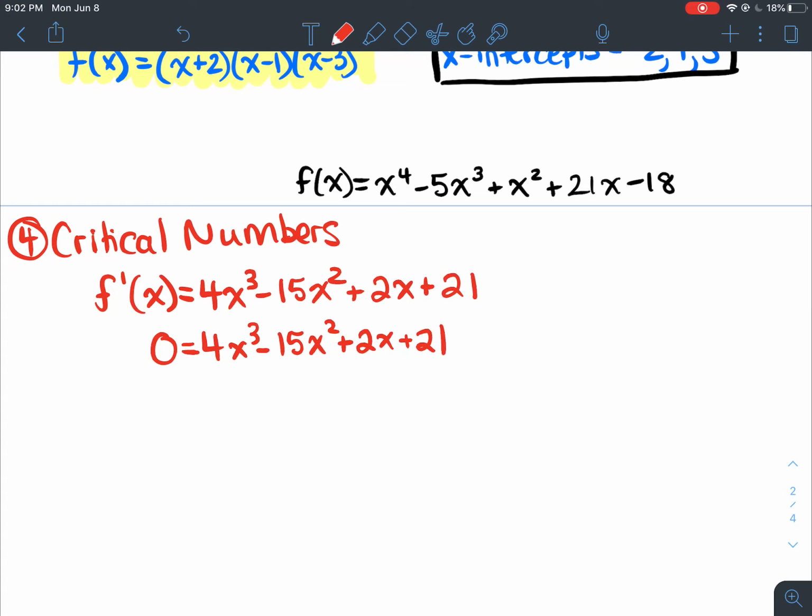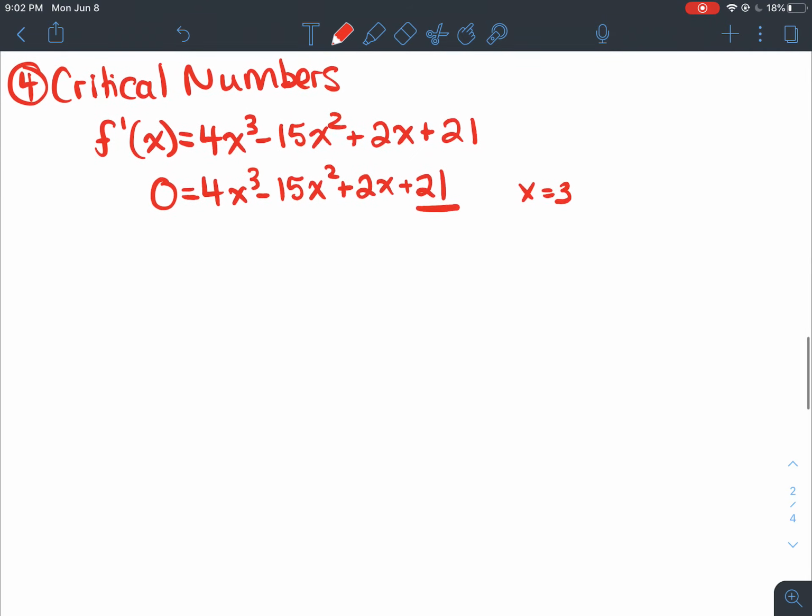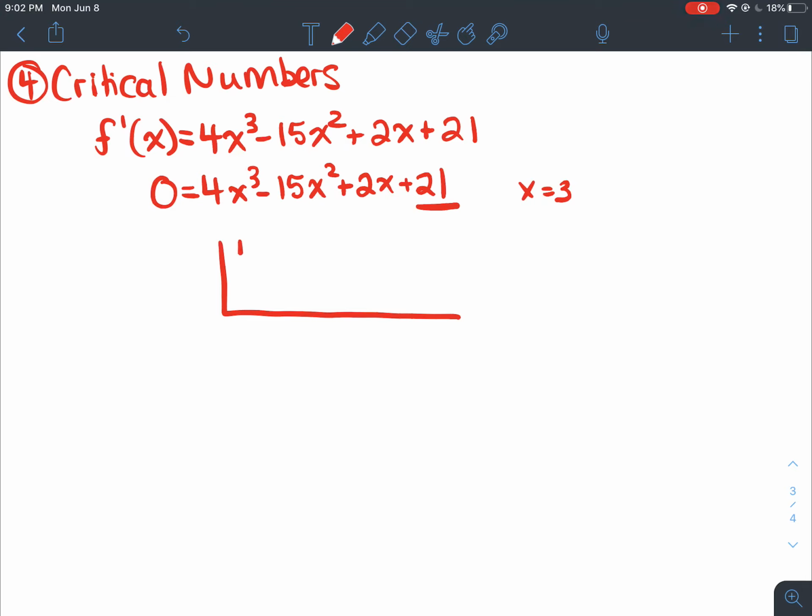Okay, so first step, we've got to find a factor. Multiples of 21. Let's try x equals 3. Oh, it's going to work. And let's do synthetic because it's way faster. So I'm going to write my coefficients 4, negative 15, 2, 21. 3 is my root. I'm going to bring the 4 down.